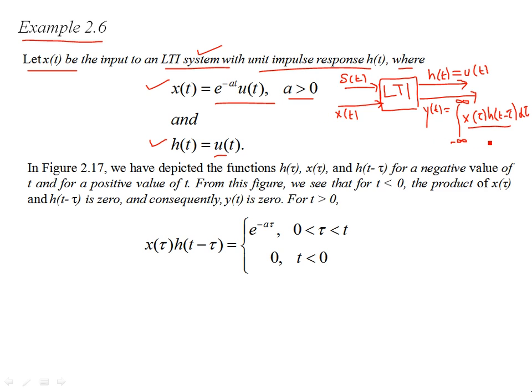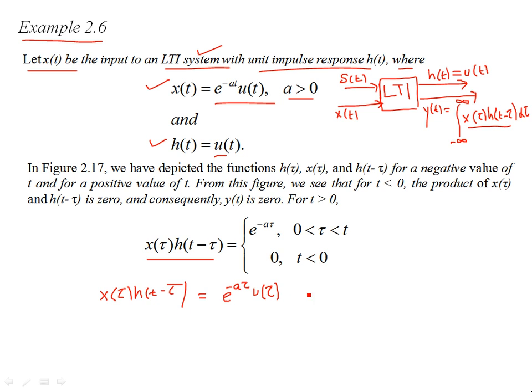So for example, this integrand is shown over here. x(tau) h(t minus tau) can be written analytically. x(tau) will be e to the minus a tau u(tau). You just change the variable of integration. Tau is also a time variable, a dummy time variable.